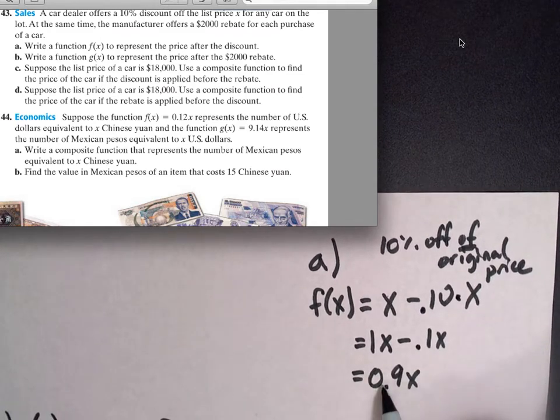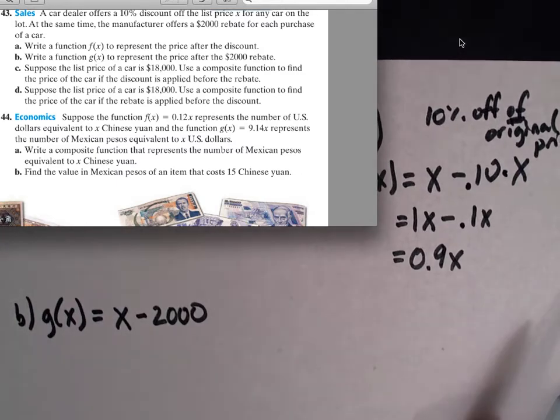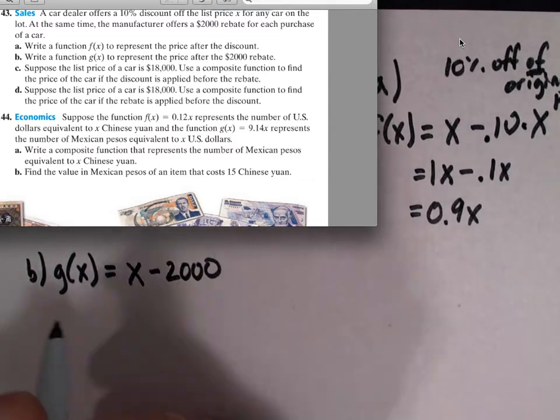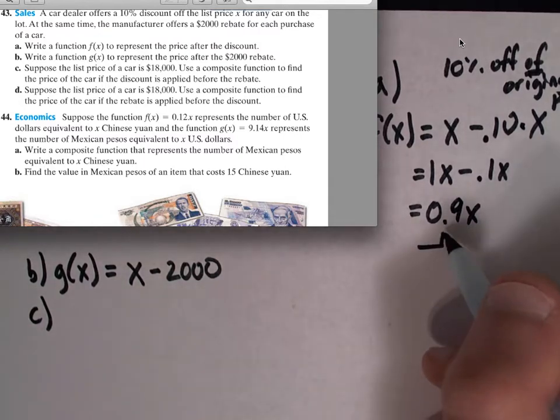Okay, so we've got A, we've got B. Let's go ahead and figure out C and D. So first off, C, how do we do it? If the list price is $18,000, I want the discount first. Let's just label these because I'm getting confused too.